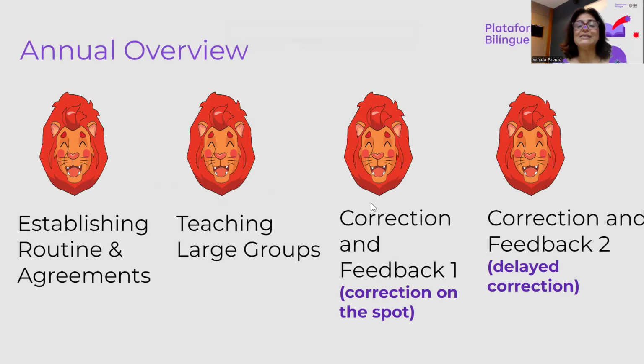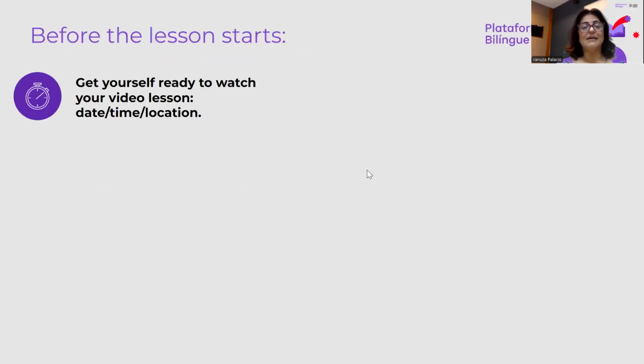Our next video lesson will be Teaching Techniques, Correction and Feedback 1, Correction on the Spot. And last but not least, at the end of the year, we'll be launching Teaching Techniques, Correction and Feedback 2, Delayed Correction.